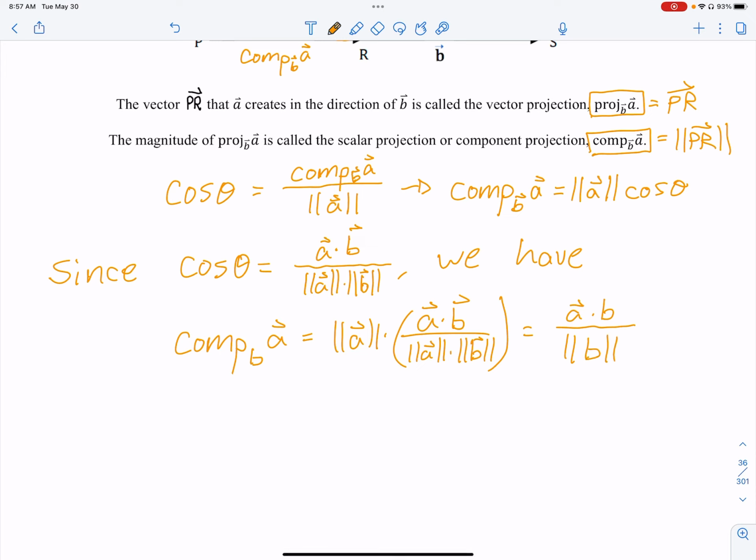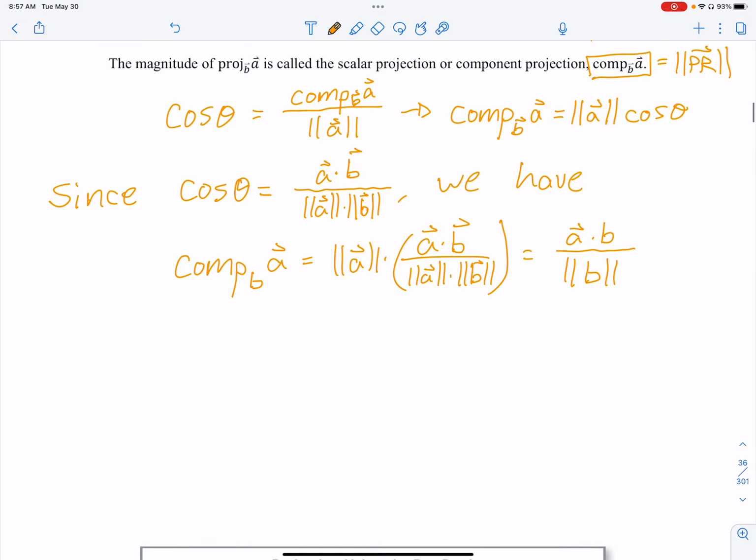Let's remind ourselves that vectors are defined as two things, a direction and a magnitude. So I'm going to write that here: magnitude times a direction. Now, we have a magnitude. The magnitude of my projection is the comp, the component projection.